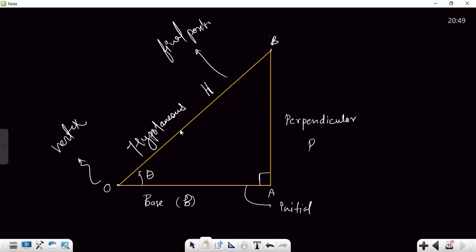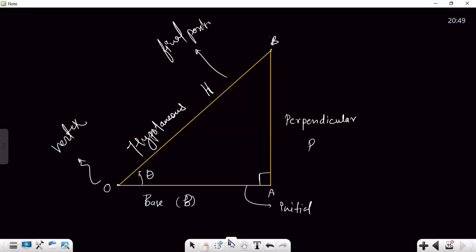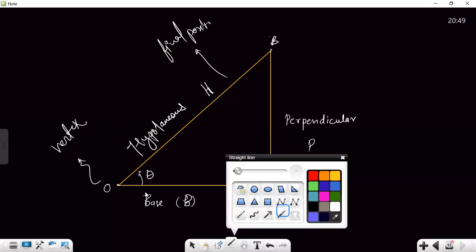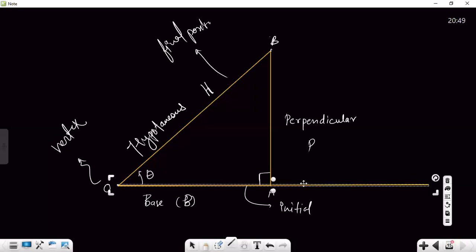After the movement, we have taken some point on the ray and dropped a perpendicular on the x-axis. Let me draw a line. This is the x-axis. We have taken a perpendicular from this point, forming a right angle triangle.